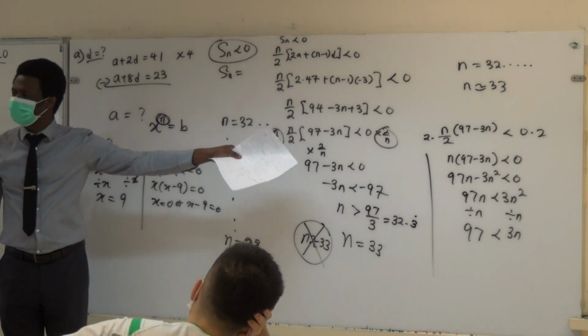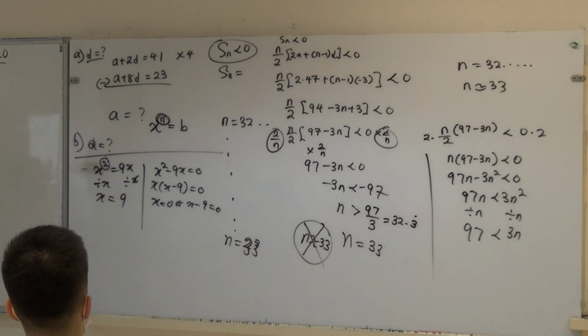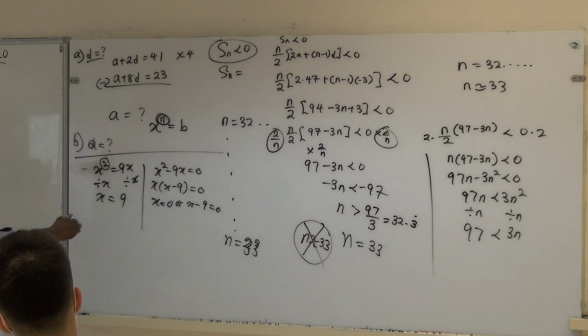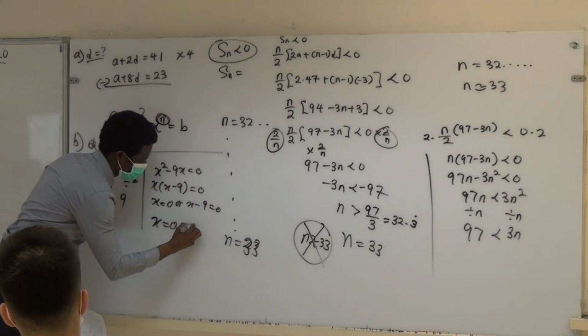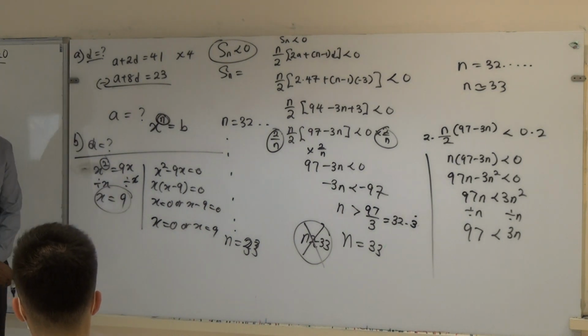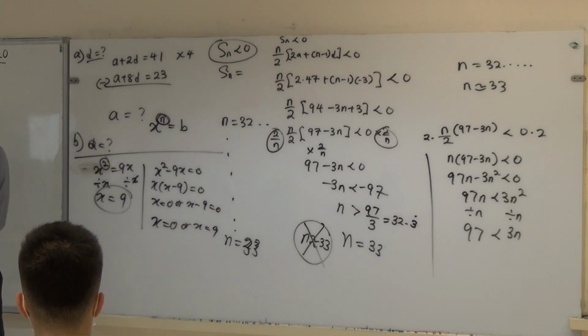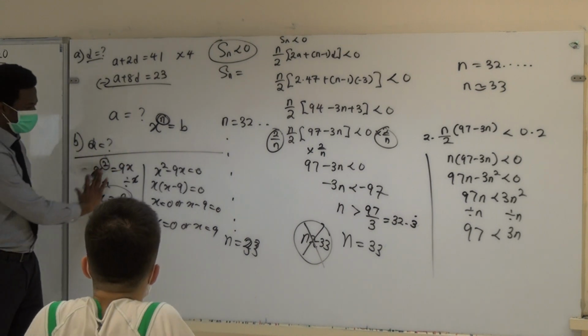But here, if you just say x is equal to 9, there should be 2 results. There are 2 different messages I'm trying to pass across. Does this make sense, everyone?